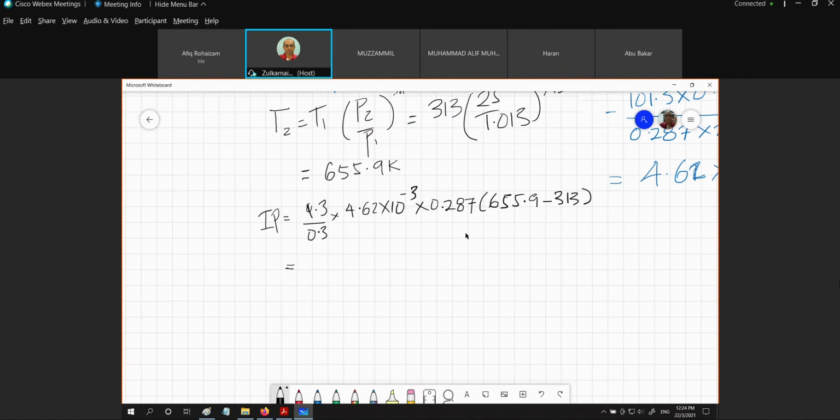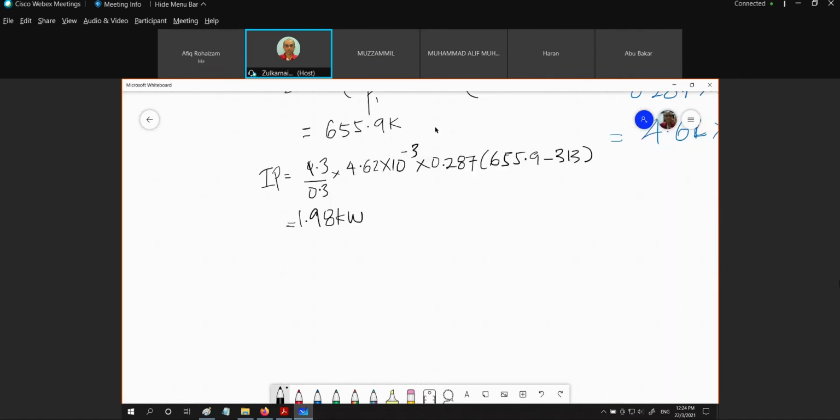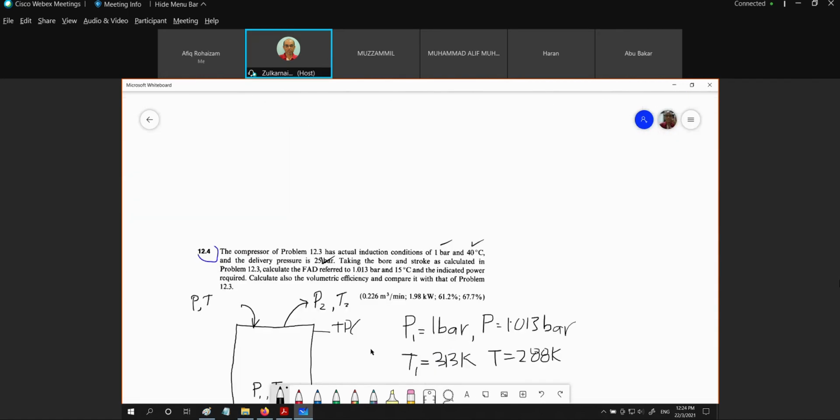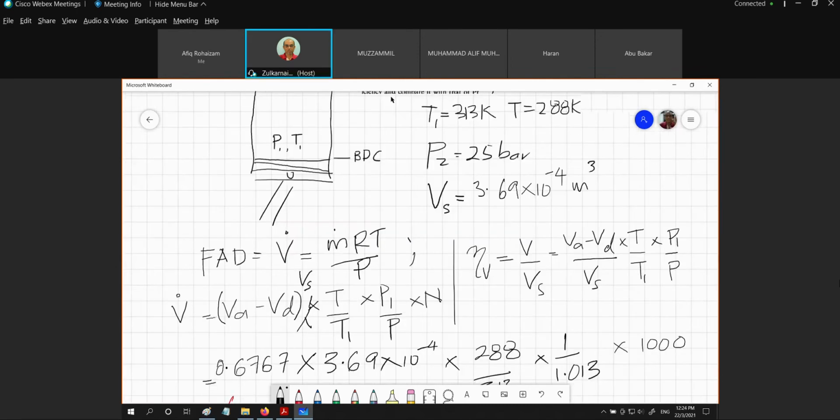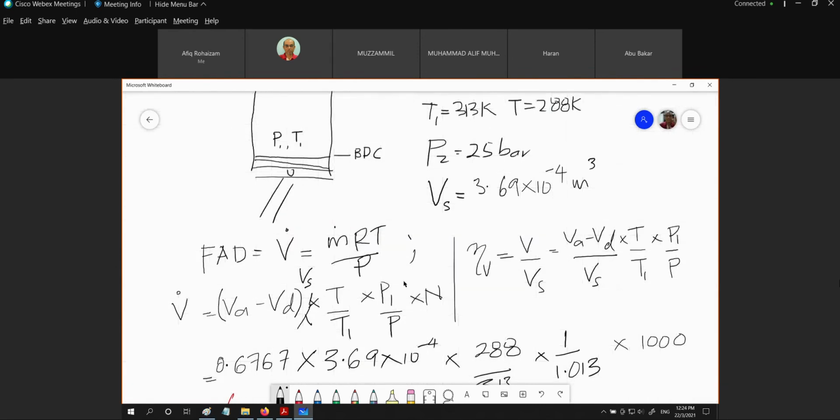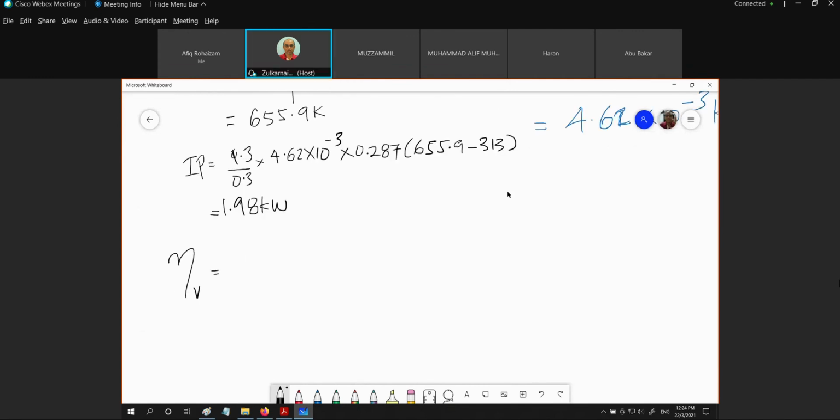Okay, so next question, apa dia nak? Kita dah calculate the indicated power, calculate also the volumetric efficiency. Okay, volumetric efficiency. So the volumetric efficiency is equal to V over Vs. Kita dah ada tak?